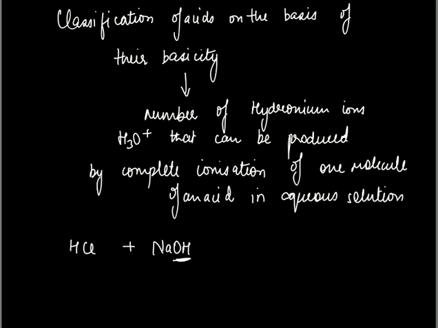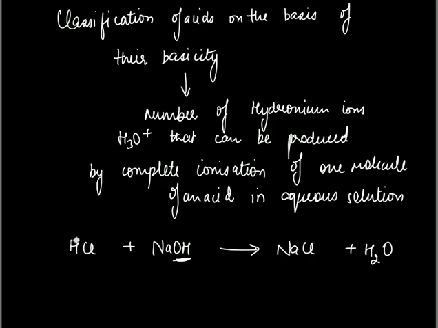Now, the acid and base, their main goal, specifically in a neutralization reaction, is to get neutralized. So they are going to form salt and water. If this acid and base need to get neutralized, how many hydroxide ions does this acid require in order to change itself into water?